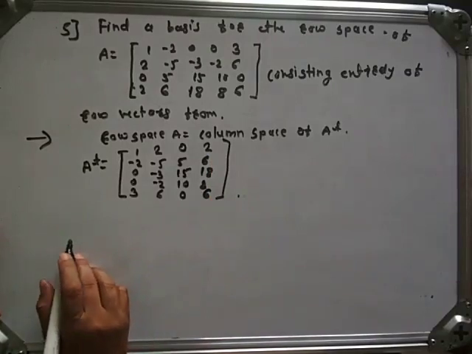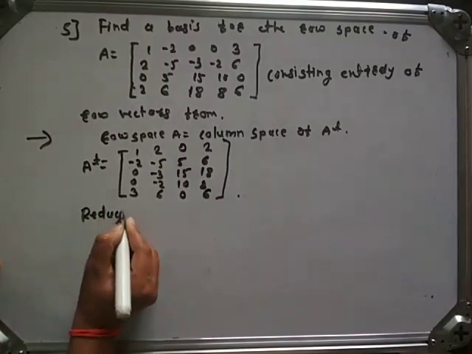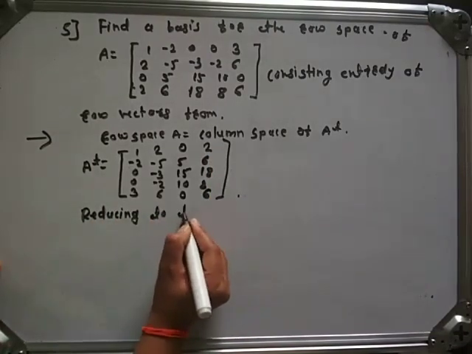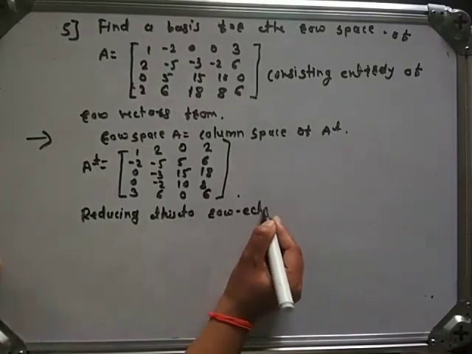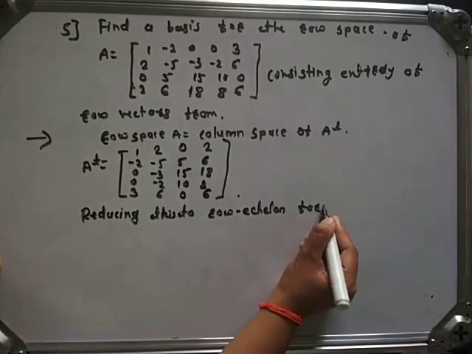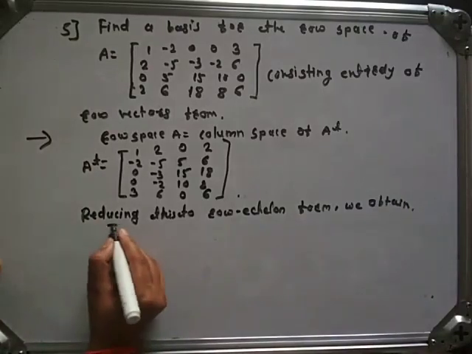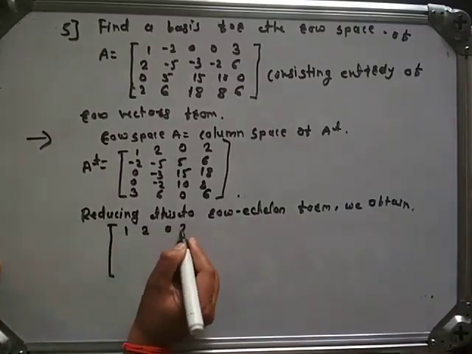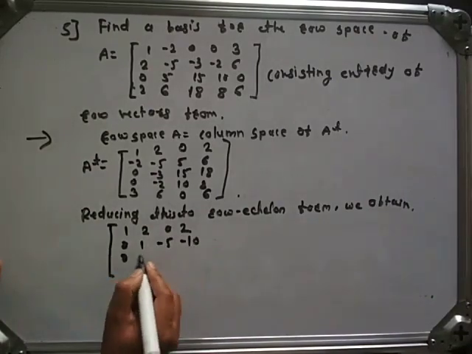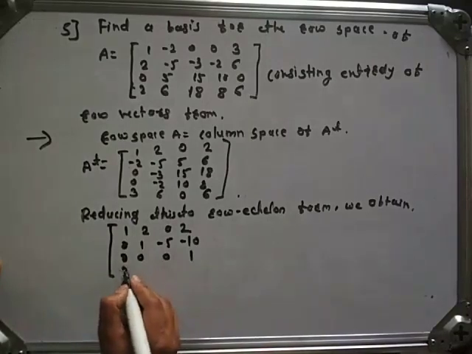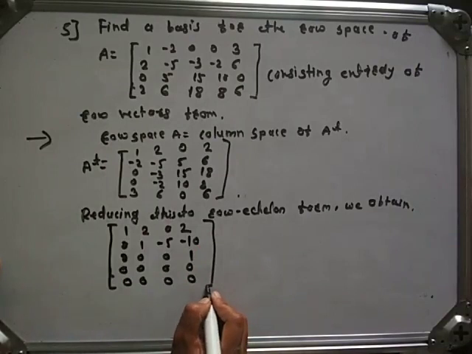Reducing this to row echelon form, we obtain the matrix 1, 2, 0, 2; 0, 1, minus 5, minus 10; 0, 0, 0, 1; 0, 0, 0, 0; 0, 0, 0, 0.